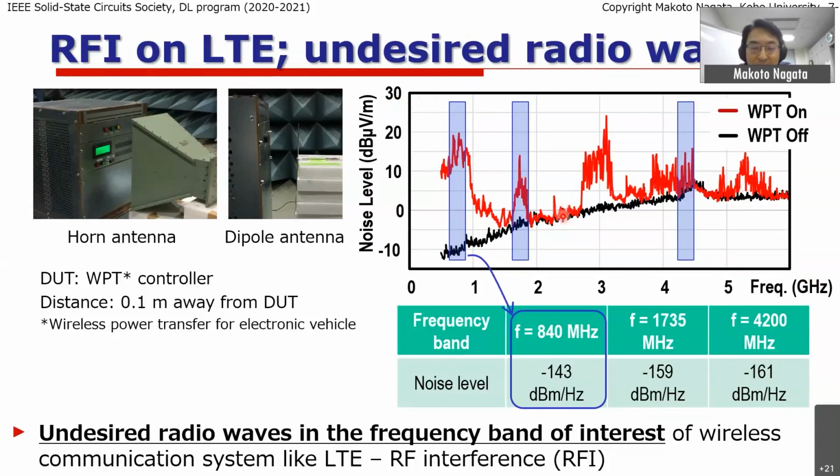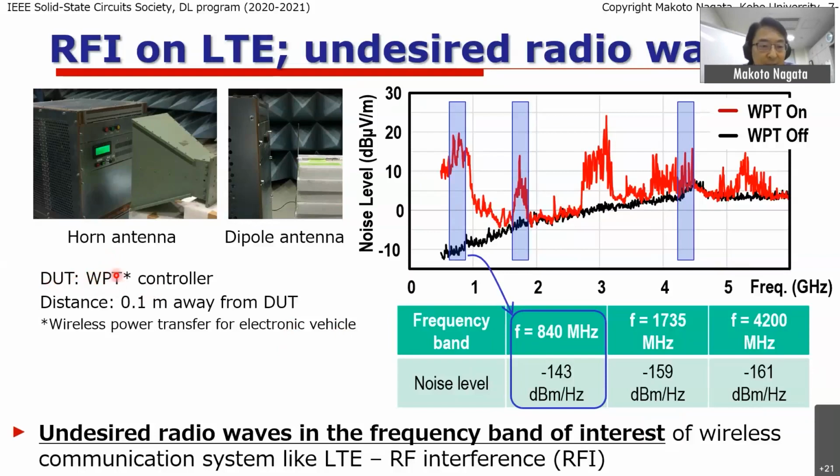In this particular case, we have measured the noise coming from the controller of a wireless power transfer system, sometimes called WPT, specially designed for electric vehicles. DUT means device under test.